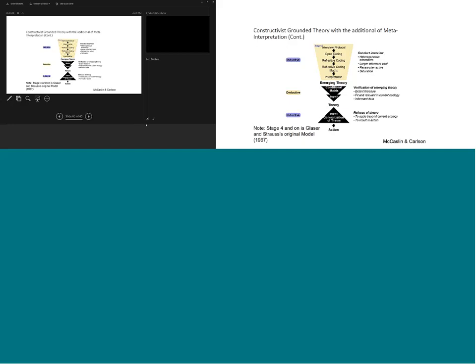And I often have found that novice grounded theorists think they've reached saturation a little bit faster than they actually have. But my advice is, once you think you're there, add at least one more participant to ensure it, because you just don't know.